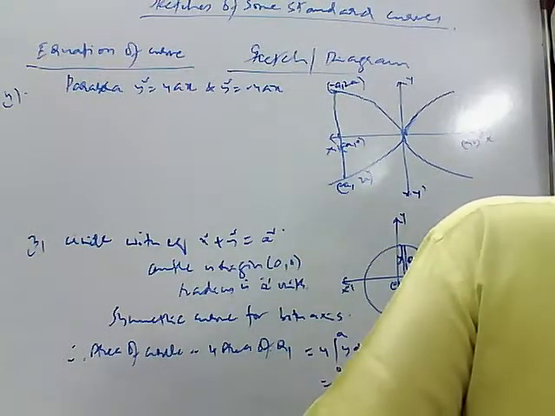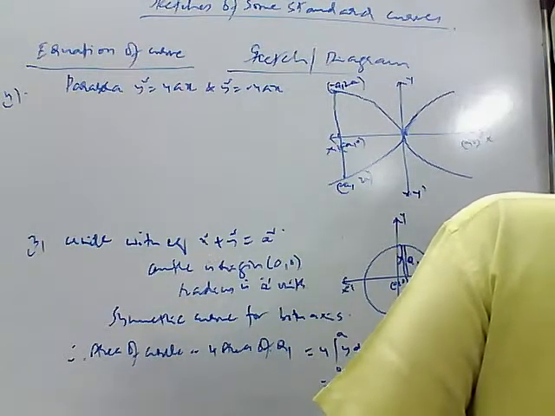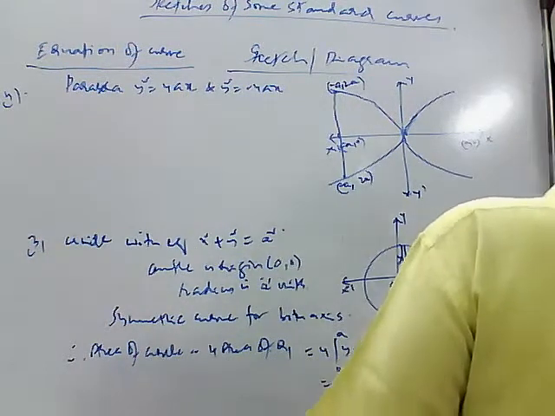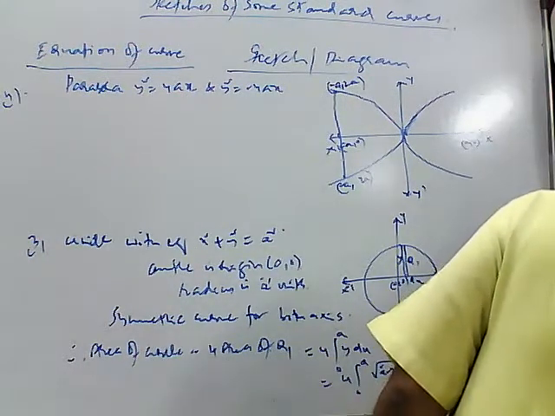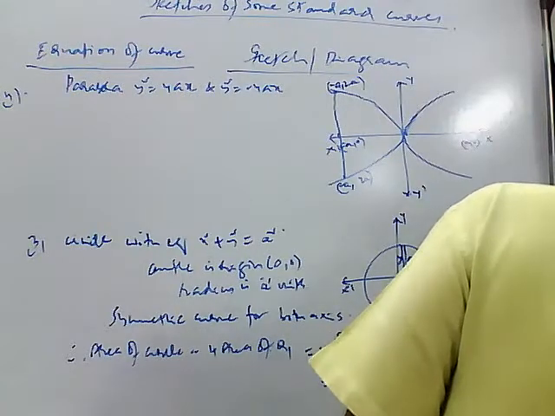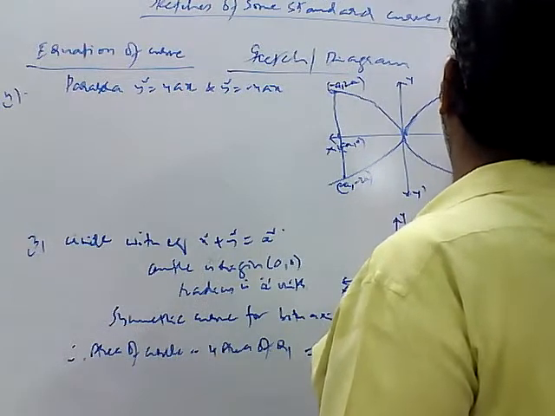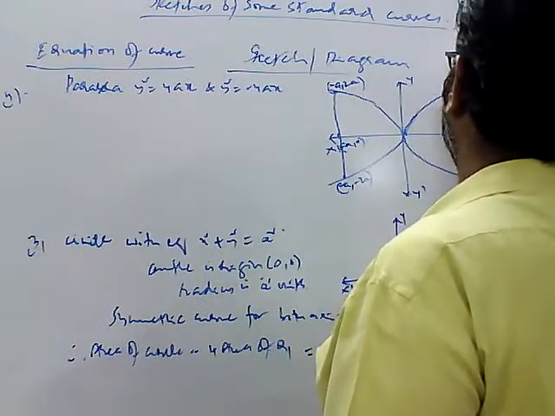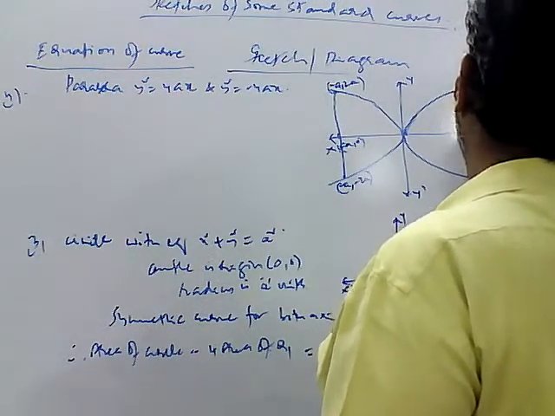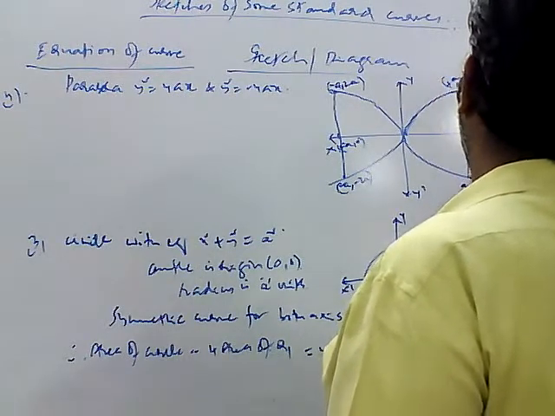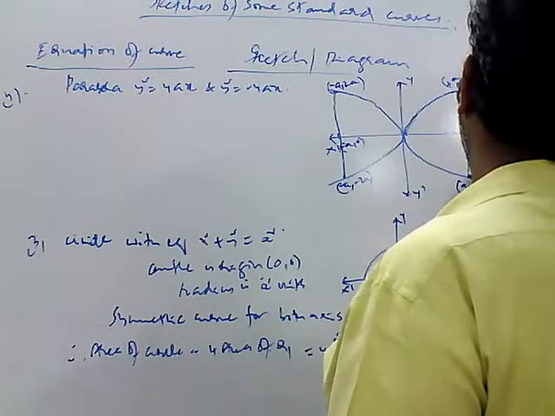And minus 2a, this here. Here you can go like that. A to a, minus 2a.